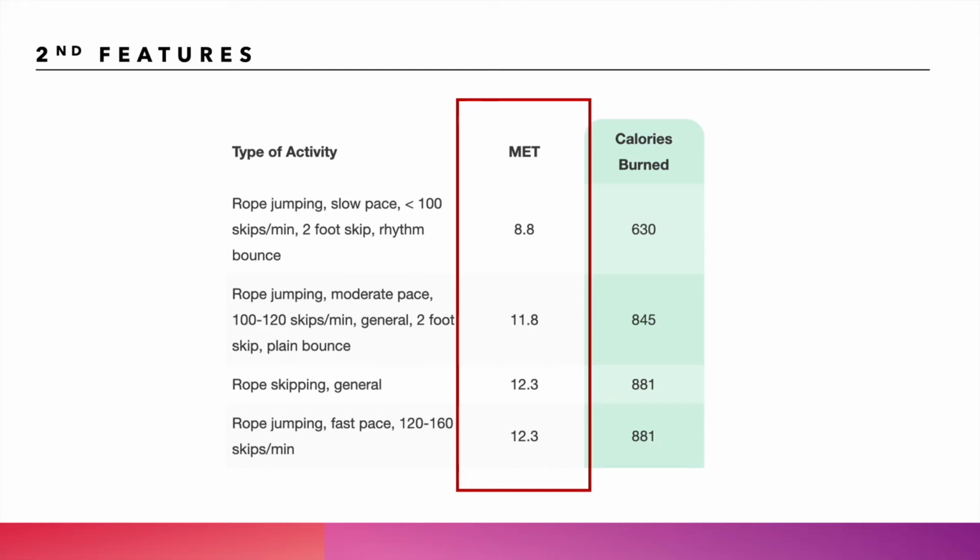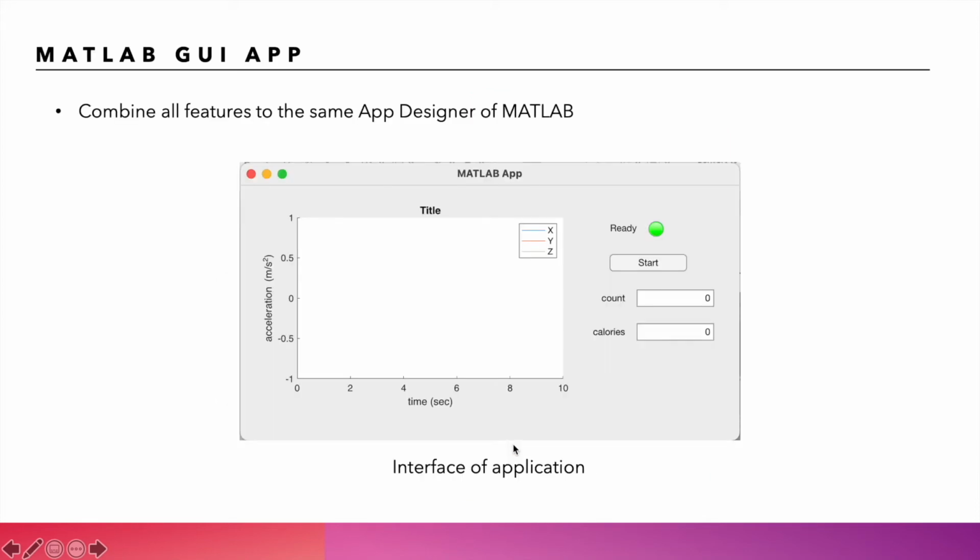If your number of skips is less than 100 per minute, you have to choose MET equal to 8.8. But if you do 100 to 120 skips per minute, you have to choose MET equal to 11.8. If you do more than that, you have to choose MET equal to 12.3.